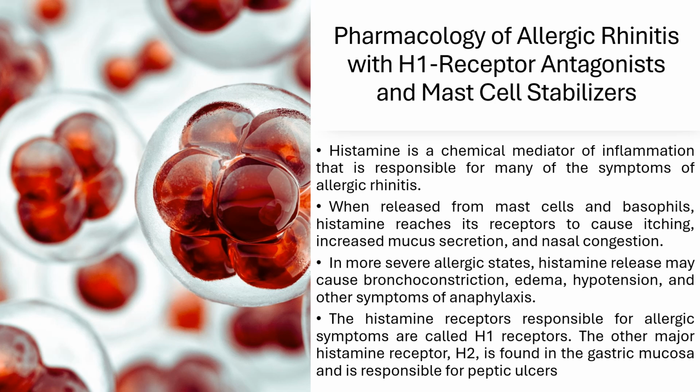In addition to allergic rhinitis, antihistamines have been used to treat several other disorders, including the following. Number 1, you have vertigo and motion sickness. Nausea resulting from vertigo or motion sickness responds well to antihistamines.